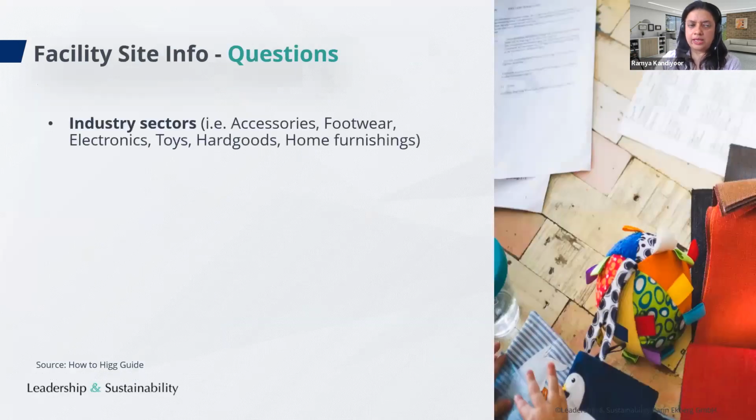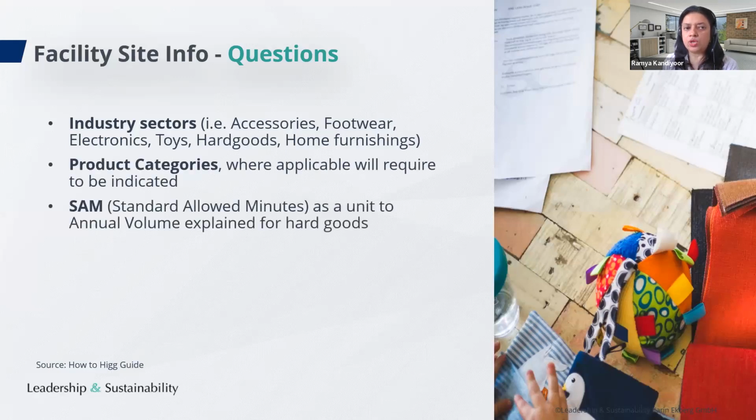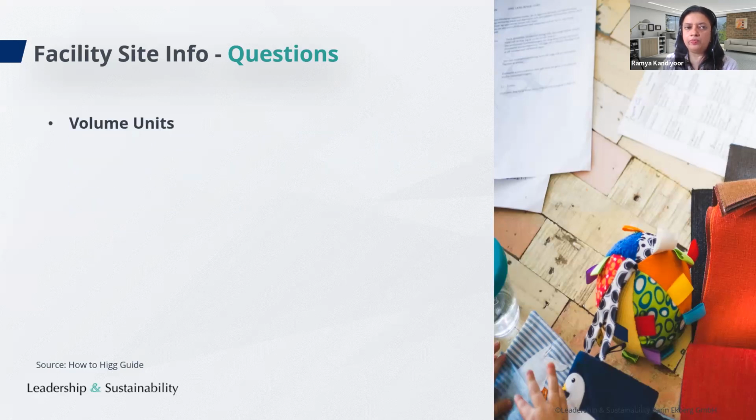Next, let's look at some of the questions on the industry sector. That is, what is the industry sector, whether you are an accessory manufacturer, a footwear manufacturer, electronics, toys, hard goods, etc. What are the product categories which are applicable to you? And then, of course, you can report on the standard allowed minutes as a unit to annual volume.